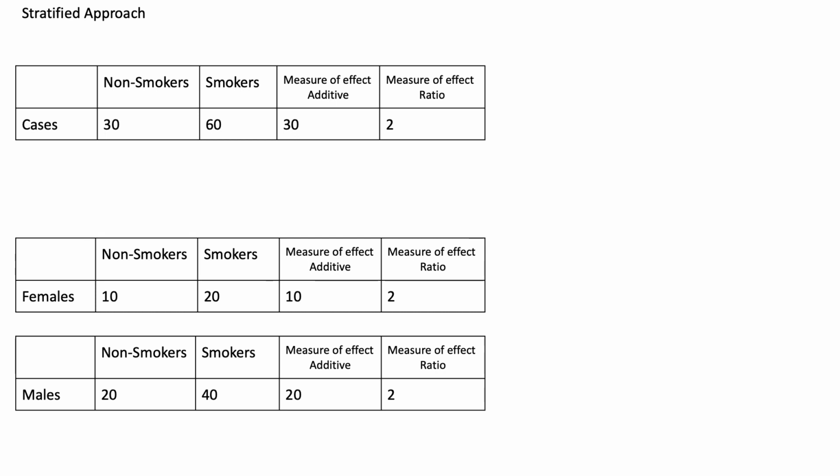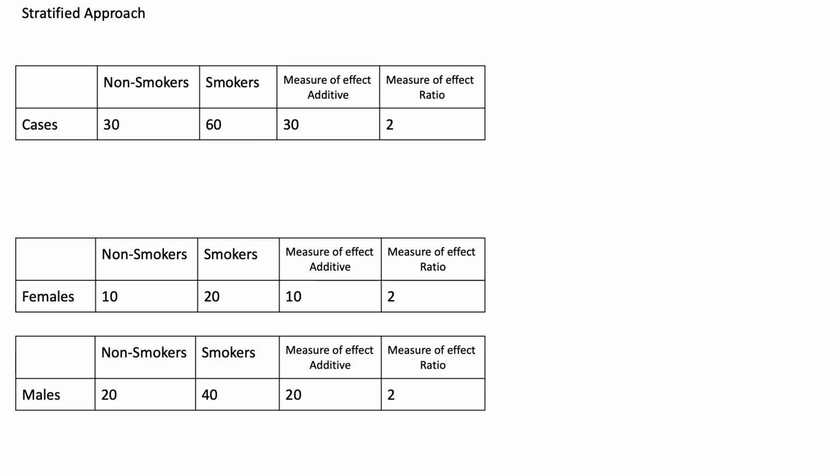So the measure of effect on additive scale in females is just 10, which is the difference is 10, and the difference in males is 20. So we can see that the effect is being modified based on whether or not you're male or female, or the third variable. But in this case, we see that the ratio is still the same, which is the measure of effect on the ratio scale is still the same.